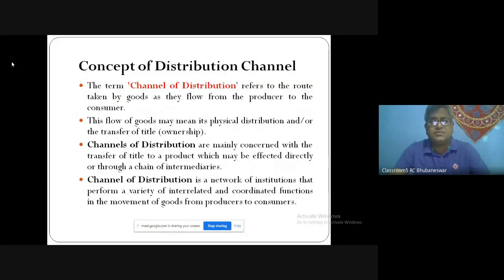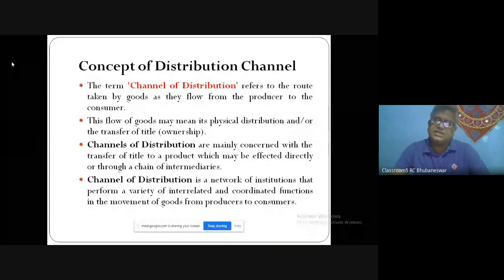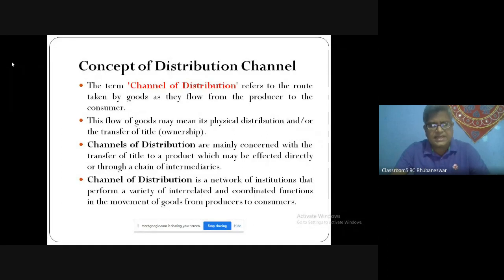But a distribution channel is generally concerned only with the transfer of title of the product. Through a mediator, or middleman, or intermediaries, the product reaches the doorstep of the customer.